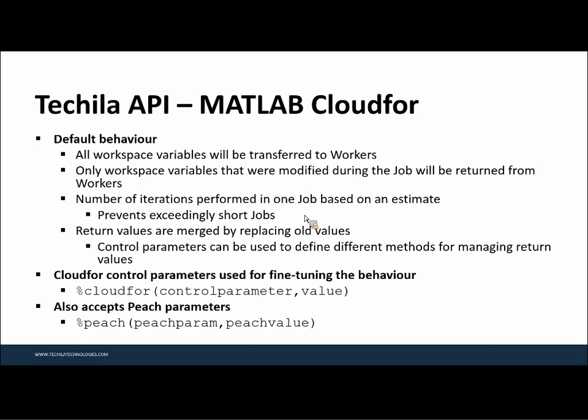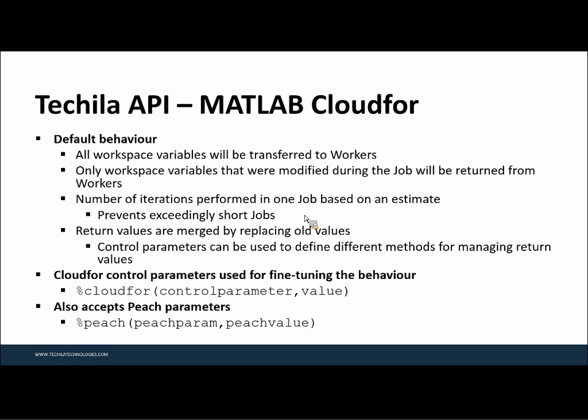So this is a safety mechanism to prevent extremely short jobs in situations, for example, where you have a Cloud Core loop which has 1 million iterations, but the iterations themselves are not that long. In this case, Cloud Core automatically groups the iterations so that each job performs multiple iterations instead of one.